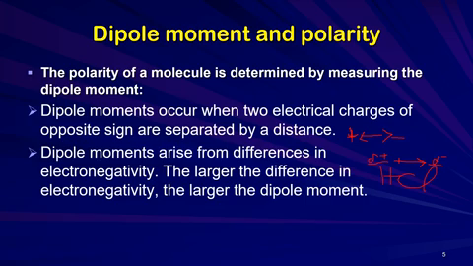So here we have an arrow showing the movement of our dipole moment from the partial positive pole to the partial negative pole.